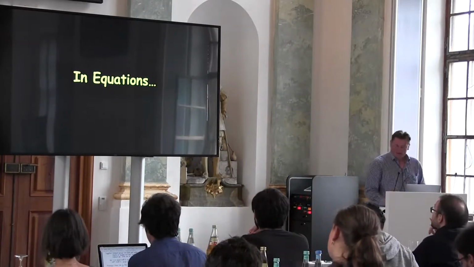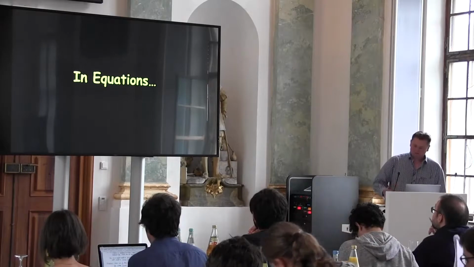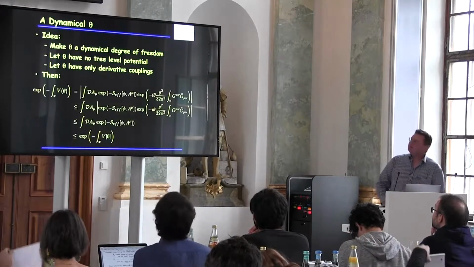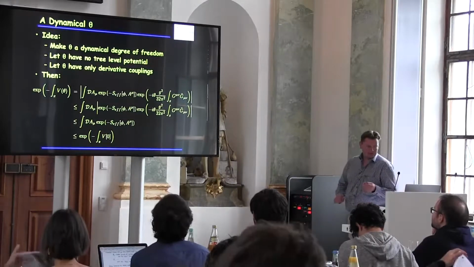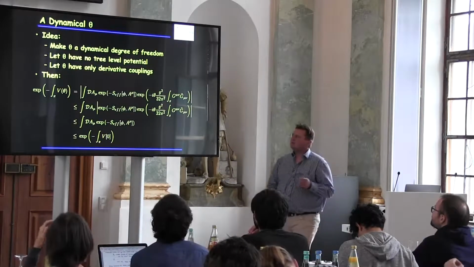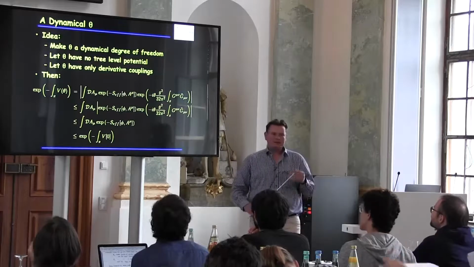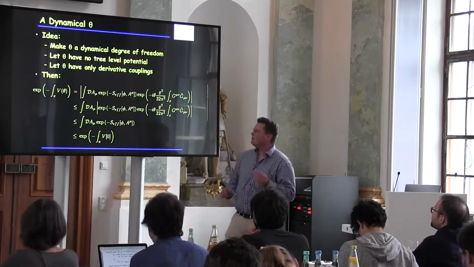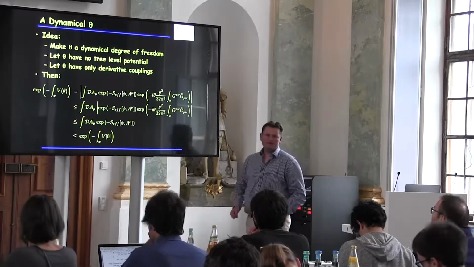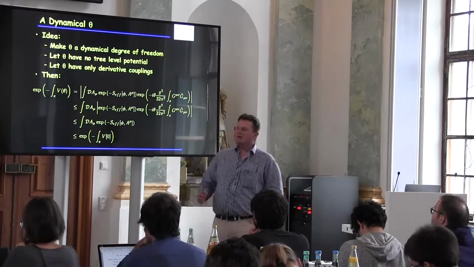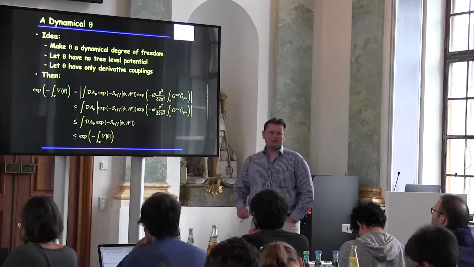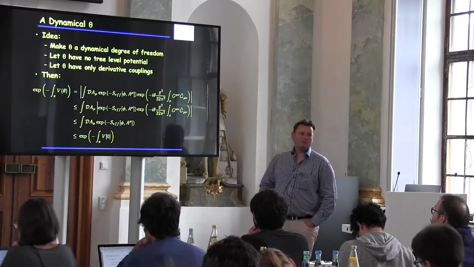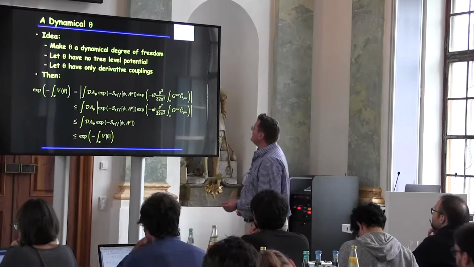And I'm not going to basically calculate the full potential because that's obviously a rather hard problem, but what you can do is you can at least give an argument why the CP conserving value, or theta equals 0, is basically the global minimum of the potential.